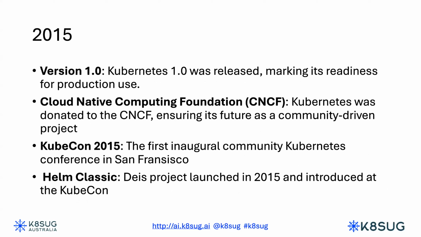The first KubeCon took place in San Francisco, bringing developers and users together to share knowledge and celebrate the growing Kubernetes ecosystem. The DICE project launched CloudCasa at this event, introducing a crucial tool for managing and sharing Kubernetes applications. This 2015 milestone laid a strong foundation for Kubernetes.